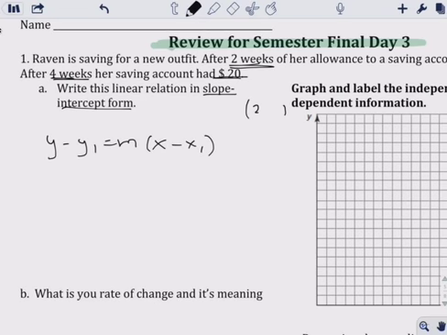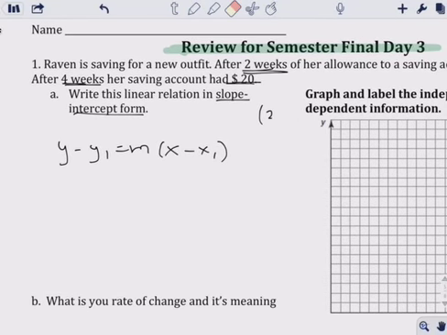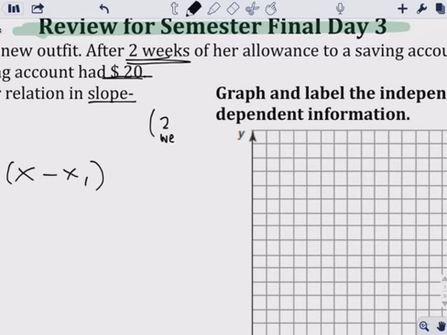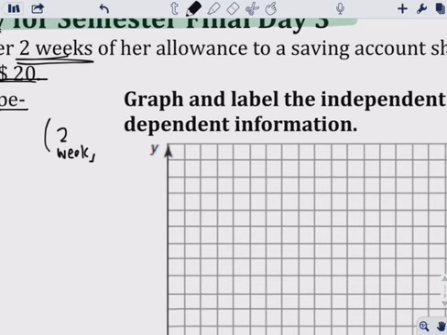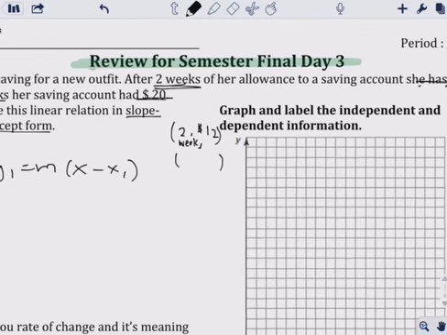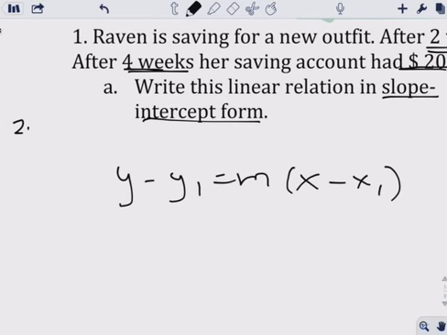So it's 2 weeks for $12, and the other one is 4 weeks for $20.